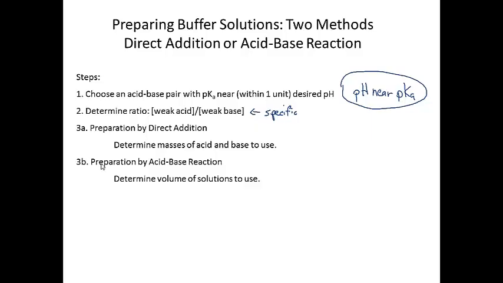Then you either determine the masses of the weak acid and weak base to use, or you determine the volumes of your acid and base solutions to mix to get what you want. So we're going to do an example of each of these. We're going to do direct addition first and preparation by acid-base reaction second.